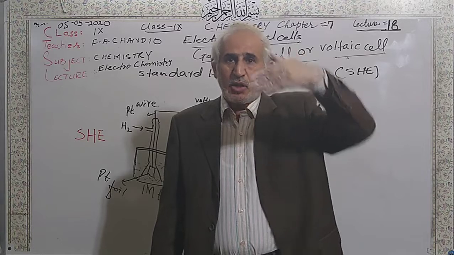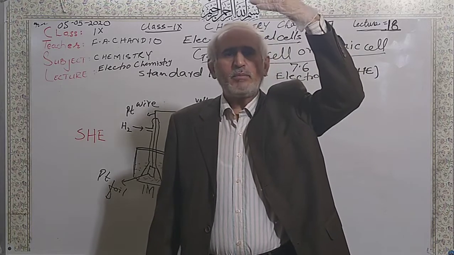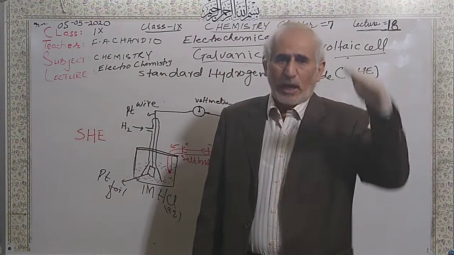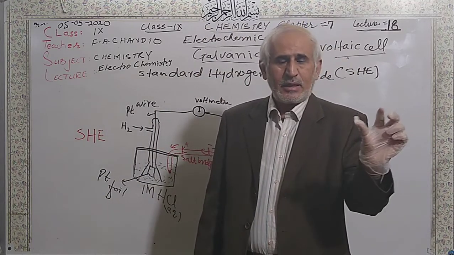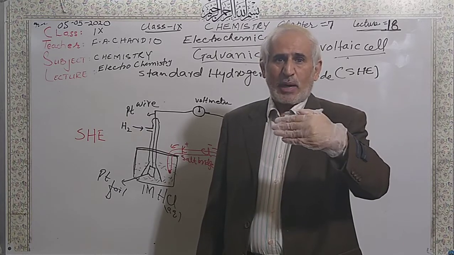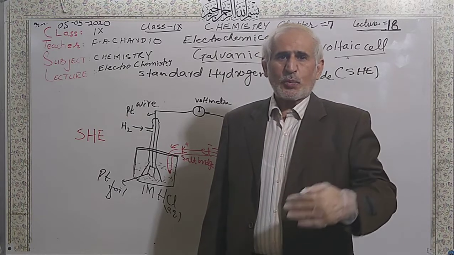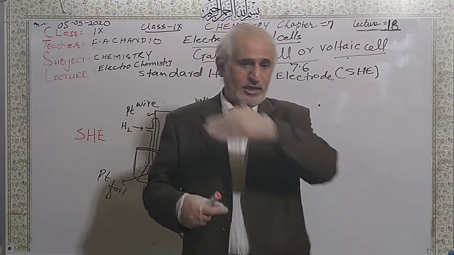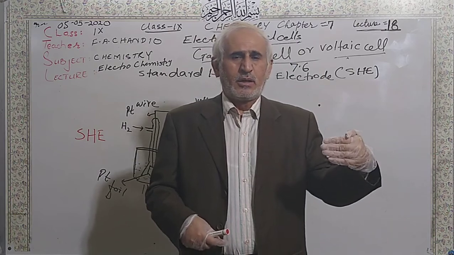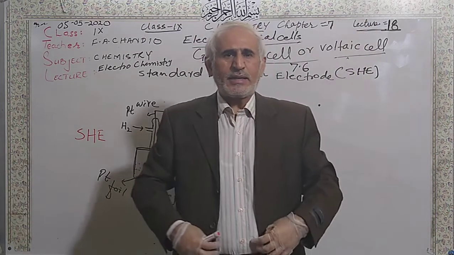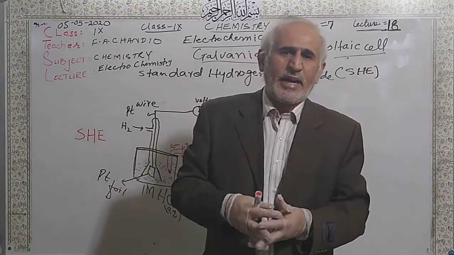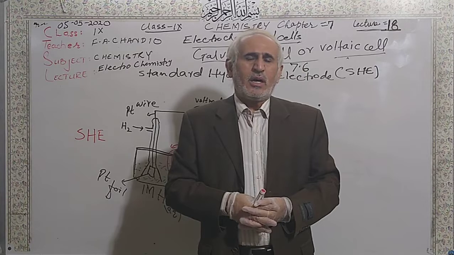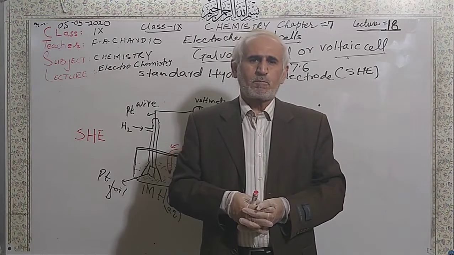If you look at the top, the reduction potentials are negative, meaning they are going to be oxidized more. And hydrogen you will find in the middle. Hydrogen has 0. The electrode potential for hydrogen is 0. Either it is going to be oxidized or reduced. It is a standard. Above hydrogen, the reduction potentials are all negative. Below hydrogen, the standard potentials for the ions are all positive.